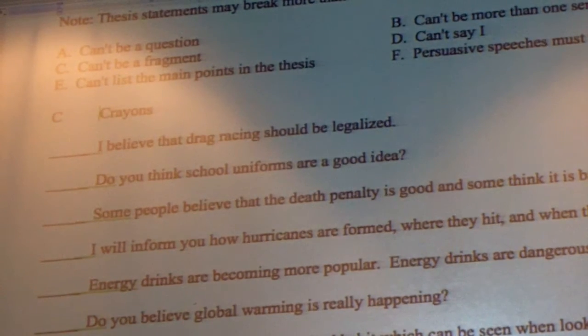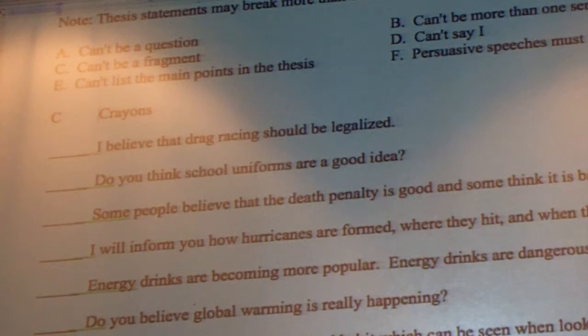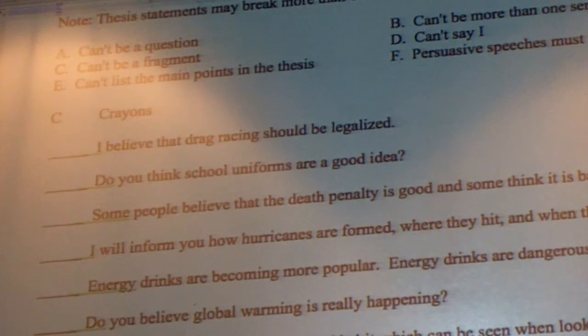Most important sentences. Some of them have more than one thing wrong, so you need to look. Because I promise you there's a couple that have more than one thing wrong. Double check yourself.